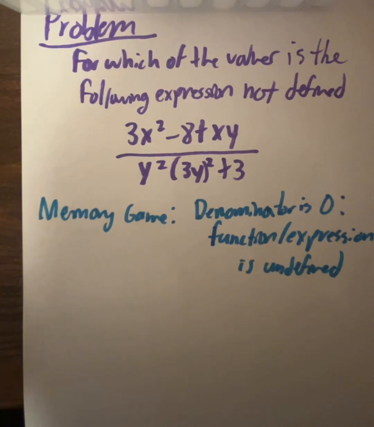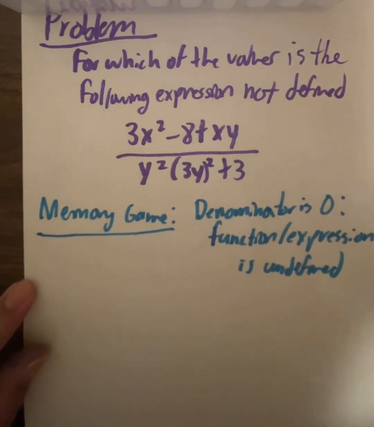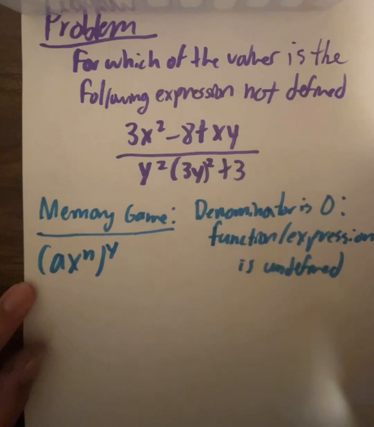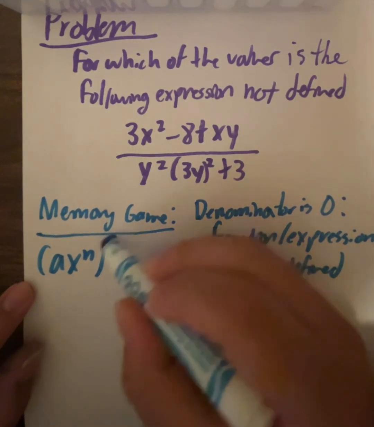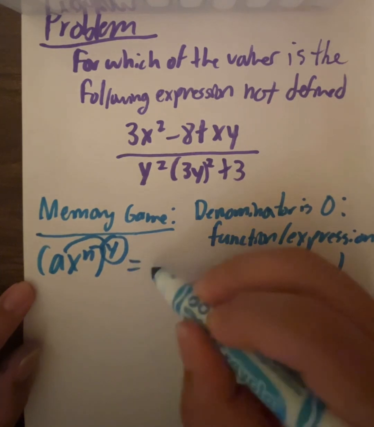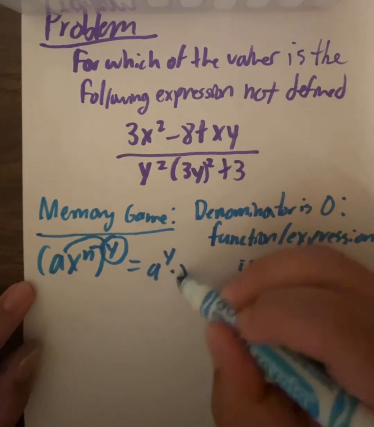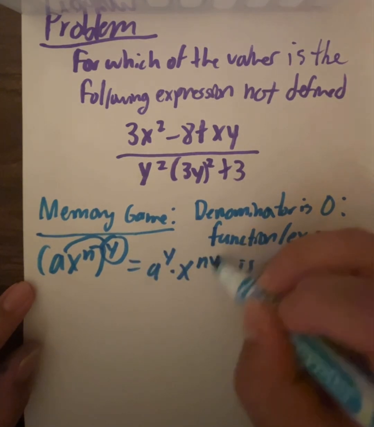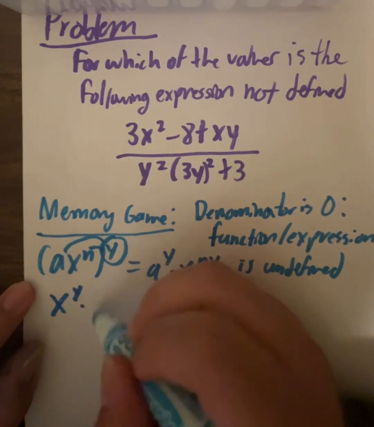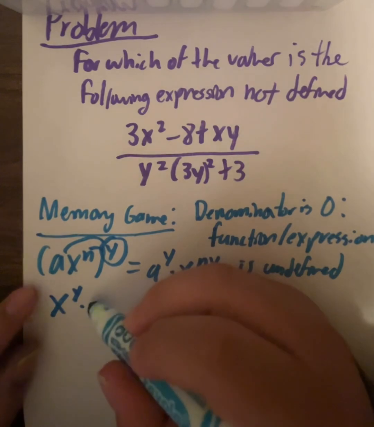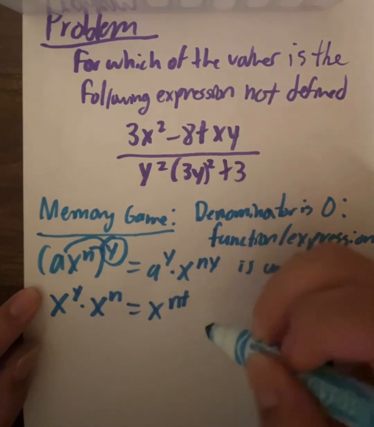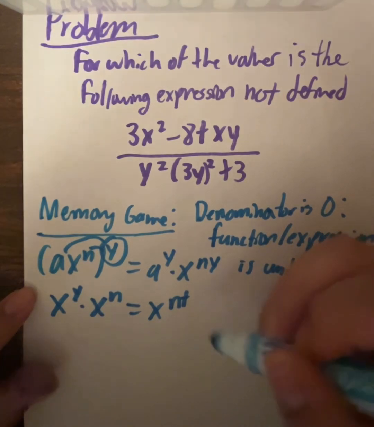And so for our memory game, let's just recall. If we have something written in this form, we have to distribute the y into the terms. So we're left with a to the y times x to the n times y. And when we have a base with exponents, we just add the exponents.